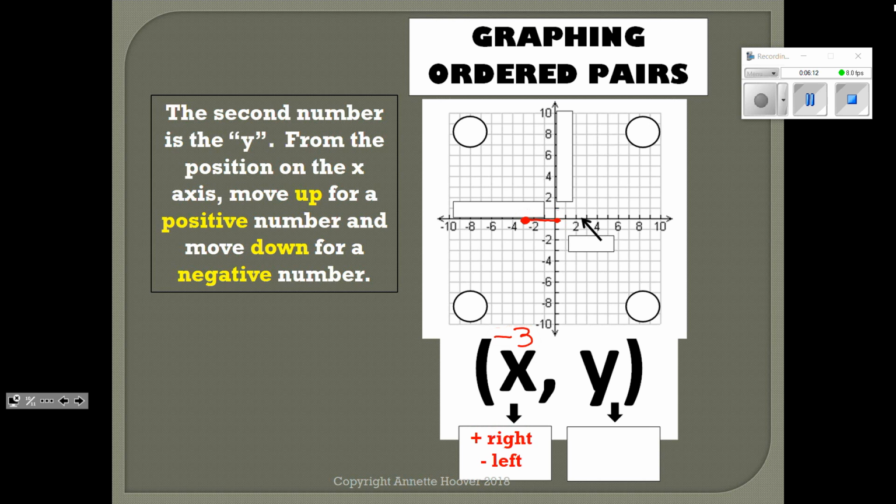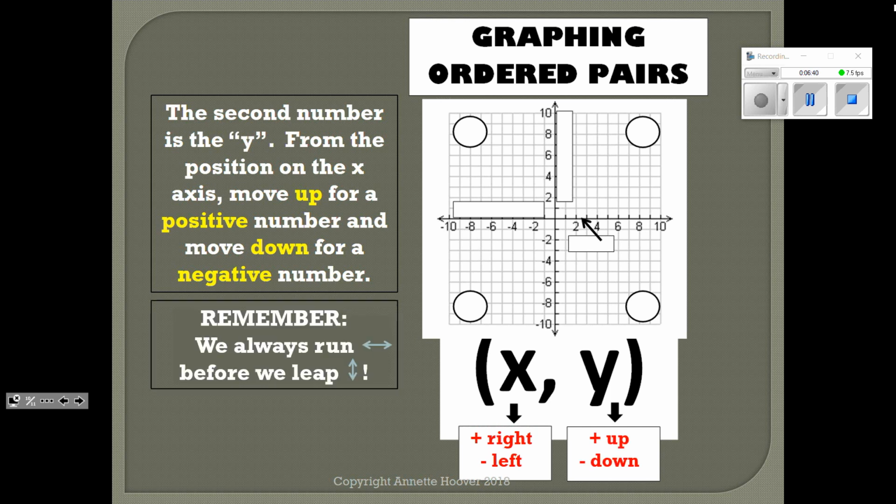You started at the origin for the x, and then you moved left or right. Now we go up or down from that place. So if it's positive, you're going to go up, because this is where the positive part of the number line is. If it's negative, you're going to go down, because here's the negative part of the number line. But you always do that from the x number.